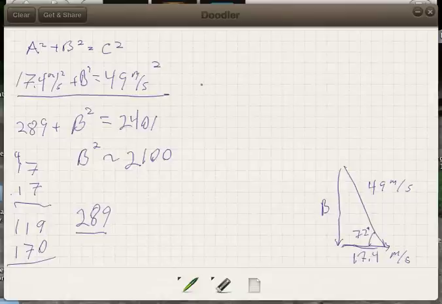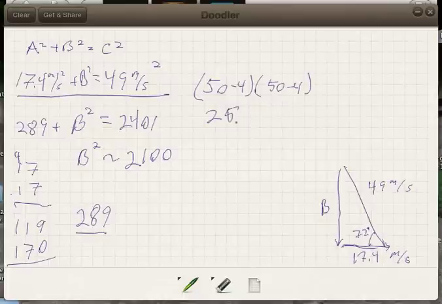So we could estimate this again. What squared gives you 21? Well, I could recognize that that's 400 less than 2,500. And so what if we did 50 minus 4, or 46? What would we wind up with?